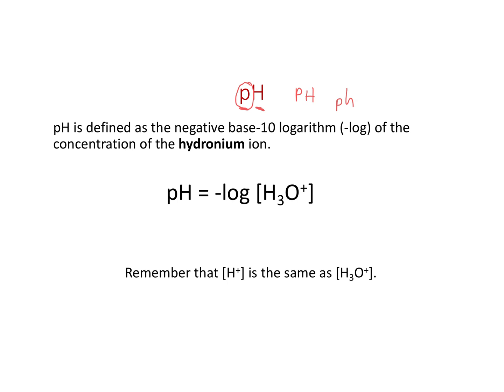That lowercase p means take the negative log of what follows. What follows is my hydronium ion concentration. And so the pH of the solution would be the negative log of my hydronium ion concentration. And you might see it written the other way as well: pH is the negative log of H+, because those two are the same thing. Now we can find the pH of a solution.